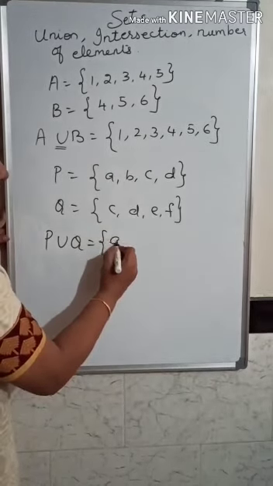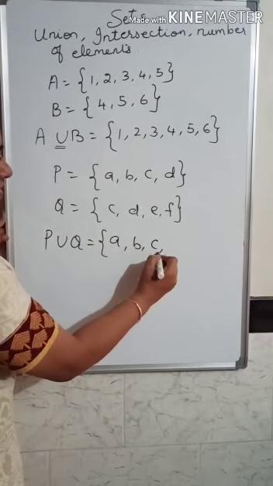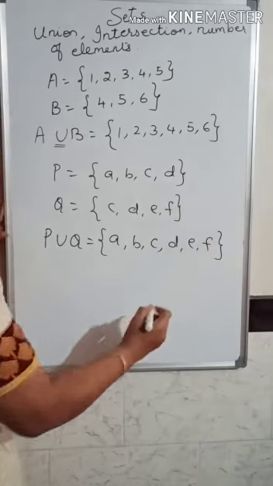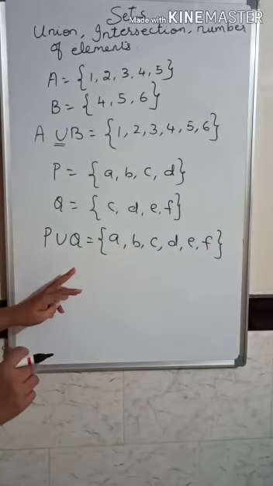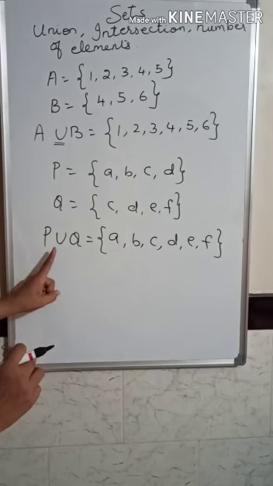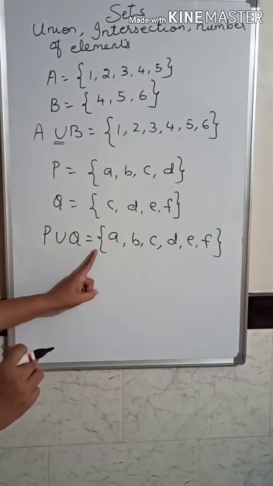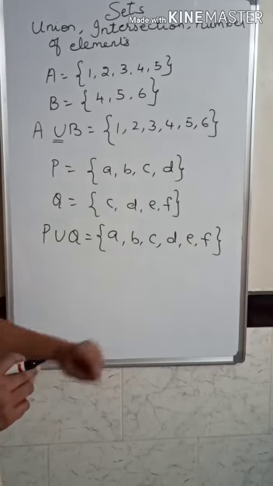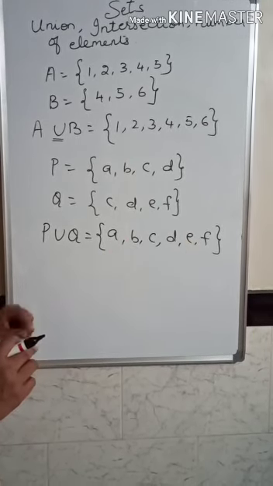So you get A, B, C, D, E, F. This is how you find the union of both sets. So union of P and Q is equal to {A, B, C, D, E, F}. I hope you have understood union of sets.